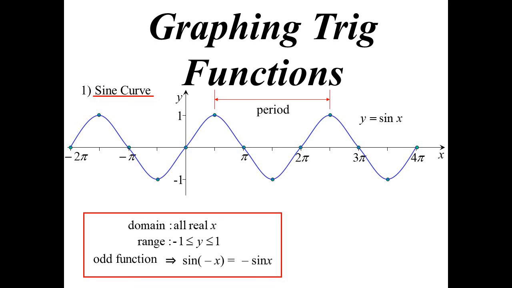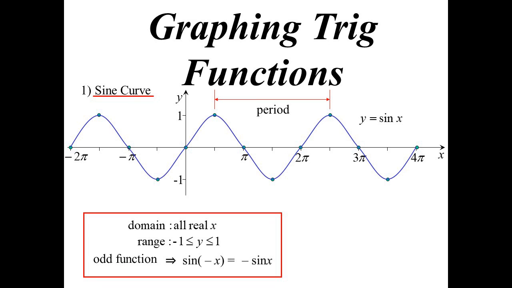Now there's a couple of terms which I don't know that we really looked at before, but let's just go over them anyway. Period. So a period is just a regular interval. How long does it take for this pattern to reoccur? Now it can be deceptive if you look at the x-intercepts, because it looks like, oh, every pi I'm back.